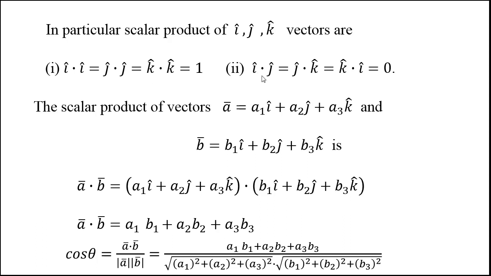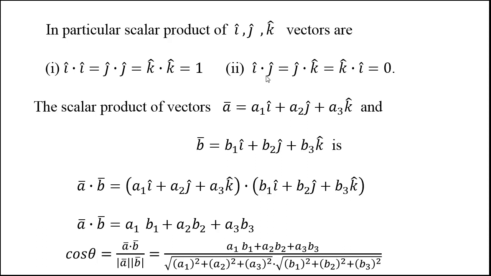Now what about i dot j? i dot j by definition is magnitude of first vector into magnitude of second vector into cosine of angle between them. We know angle between i and j is 90 degrees. Cos 90 degrees is 0.